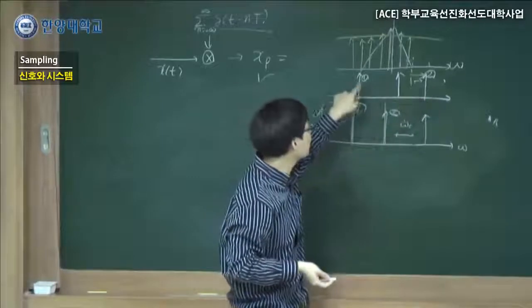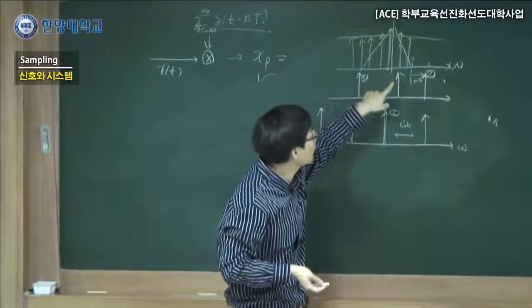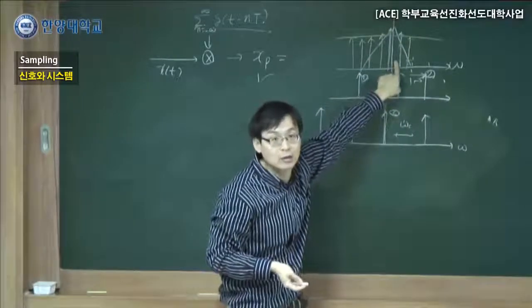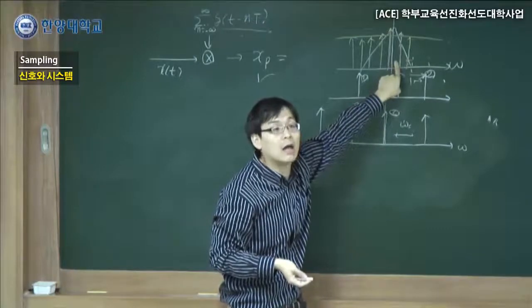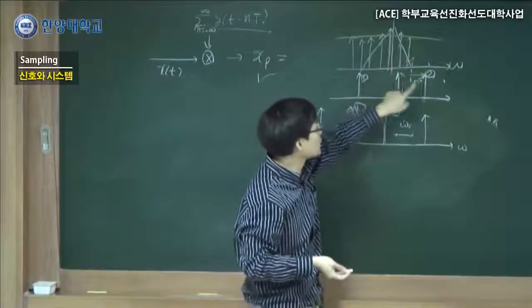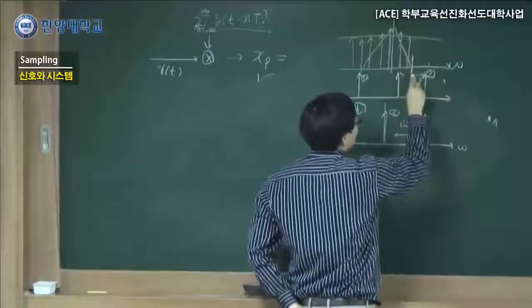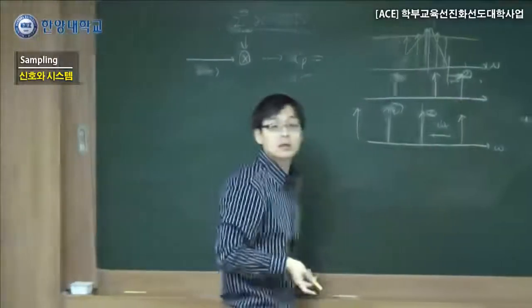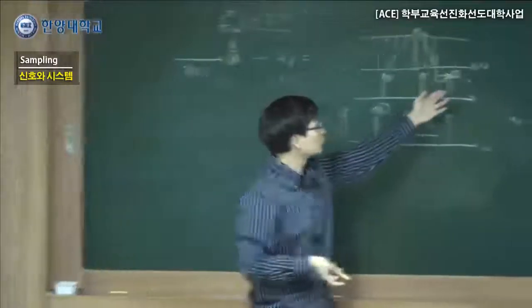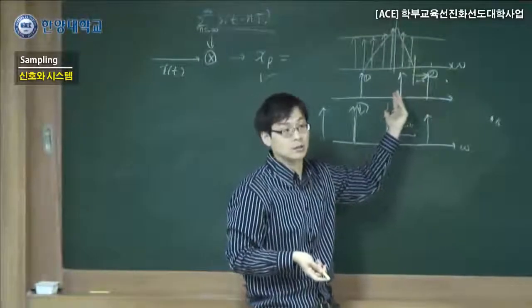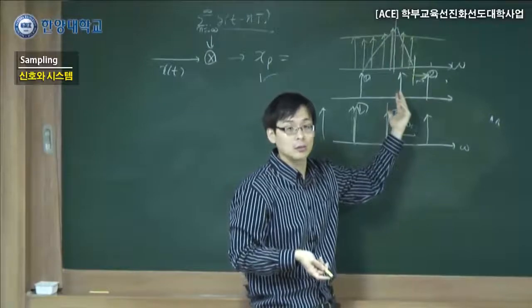We have to multiply number 1 with this, multiply number 2 with this, and add them together. However, if number 2 is outside of this band, then number 2 does not have any influence on this multiplication. Is it right?